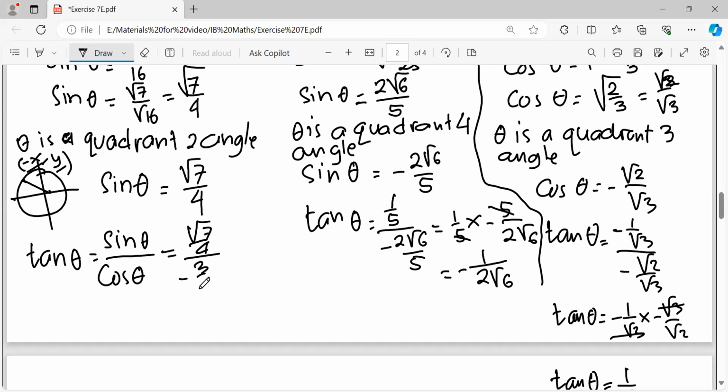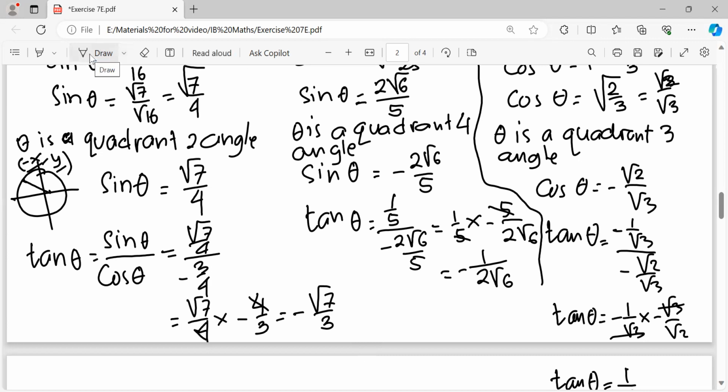So it equals square root 7 over 4 times negative 4 over 3. It becomes negative square root 7 over 3. Okay, number 4 done.